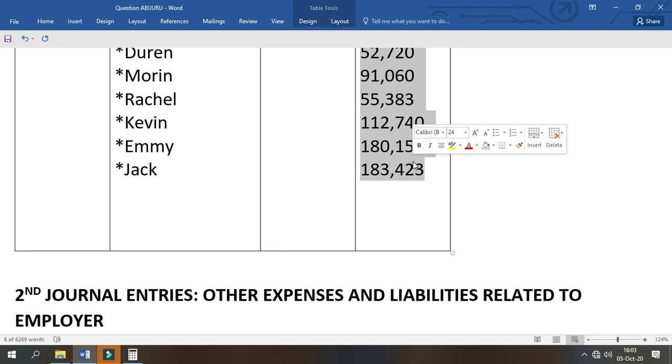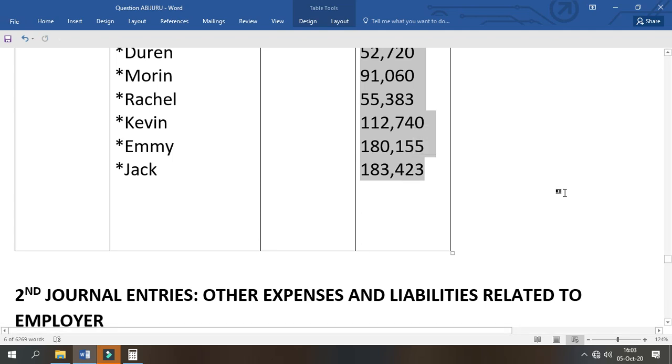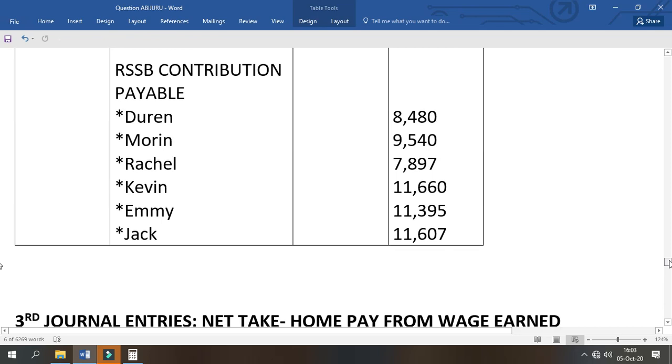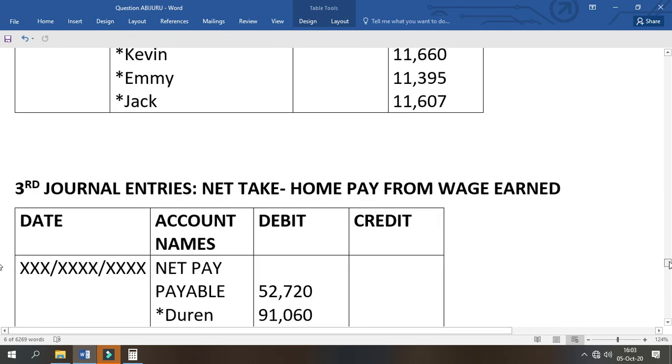Dear brothers, dear followers of this Payroll TV, this is the end of our session. We have to continue tomorrow for the other remaining journal entries. We are going to see the journal entry for other expenses and liabilities, and the third journal entry, which is net take home pay from wages earned.